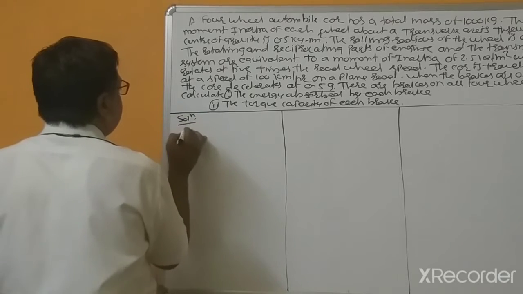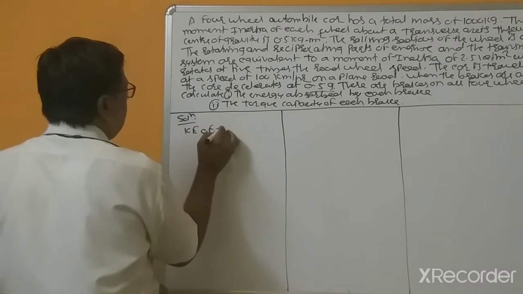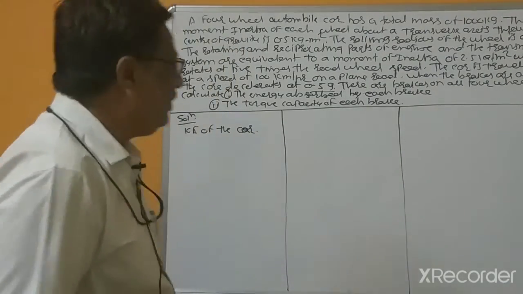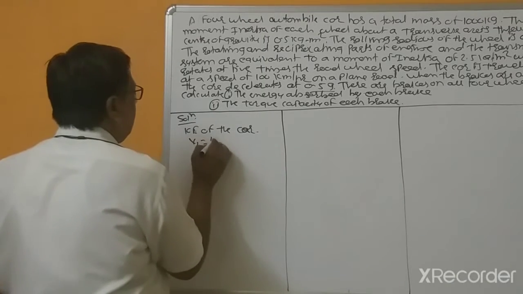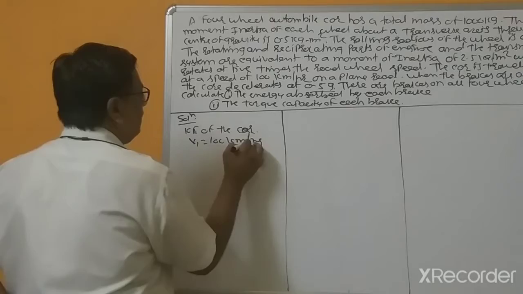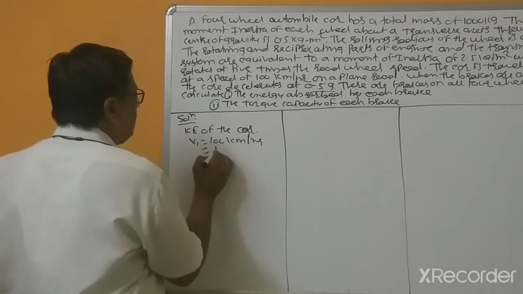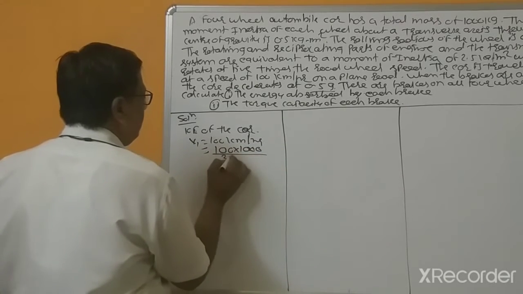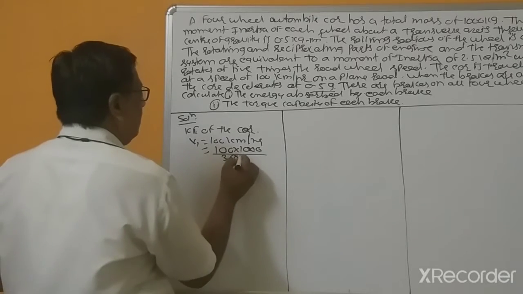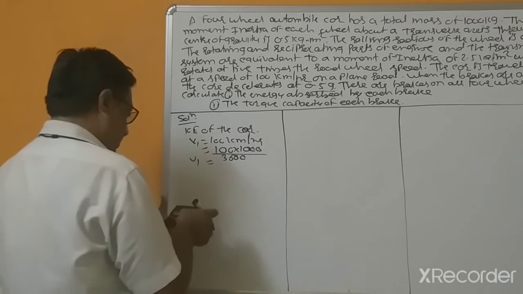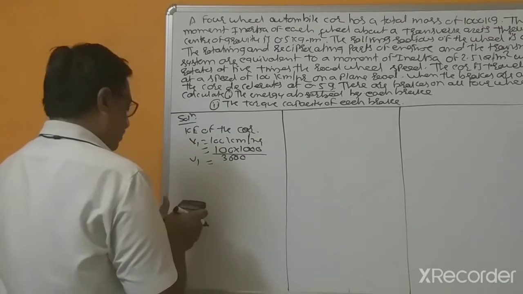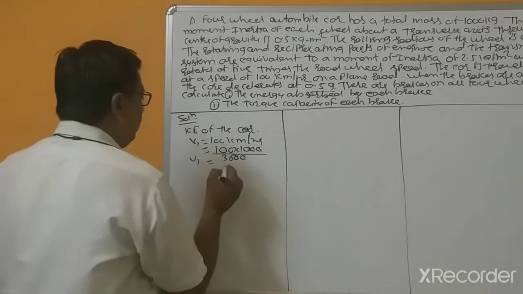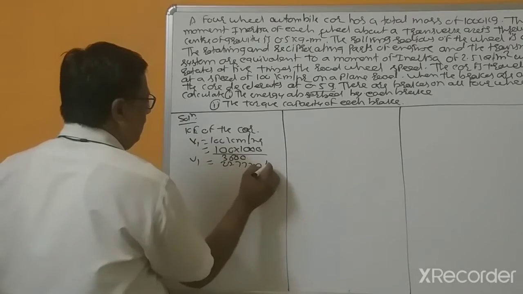Solution. First is the kinetic energy of the car. Here v1 equals 100 kilometer per hour. So 100 multiplied by 1000 divided by 3600, for converting hours to seconds, is equal to 27.77 meter per second.